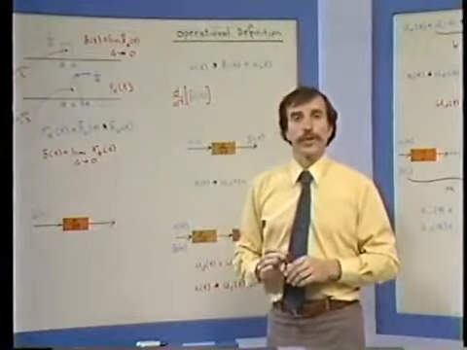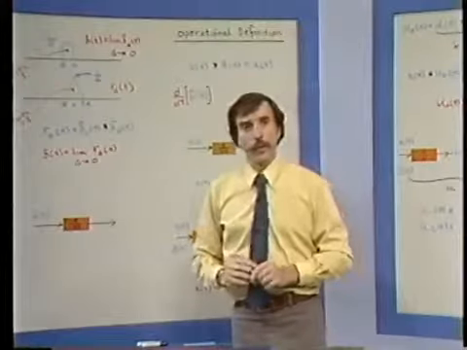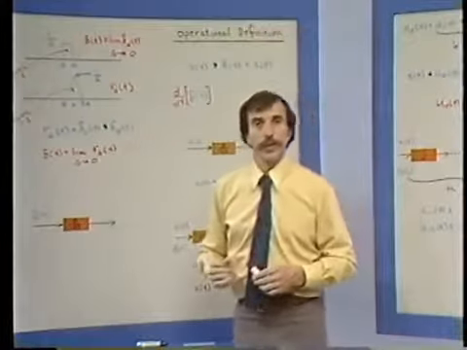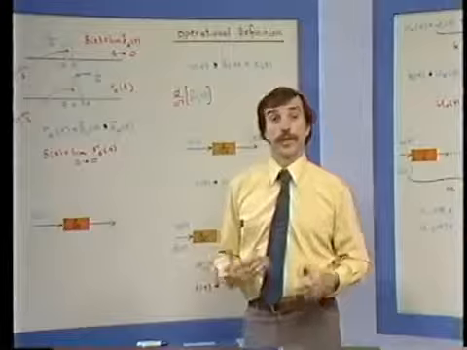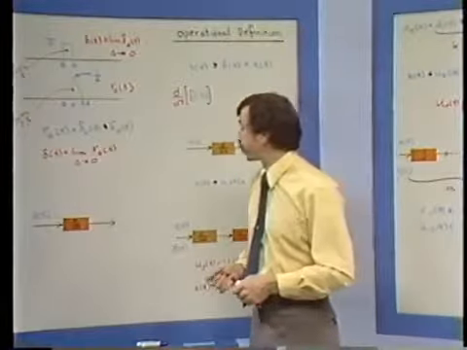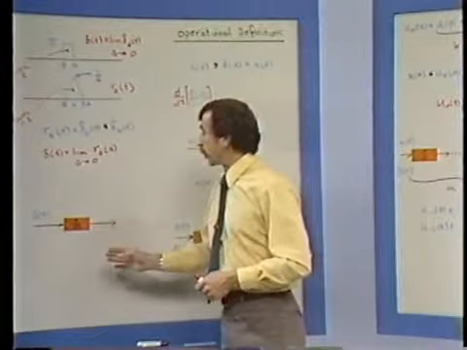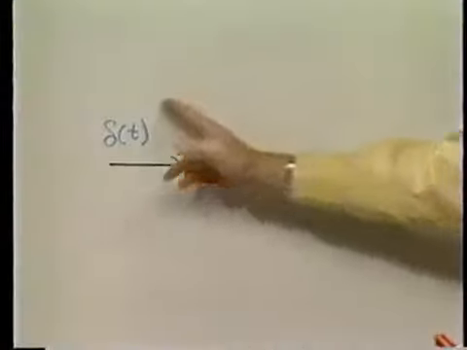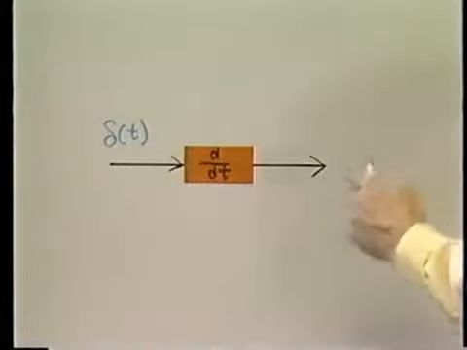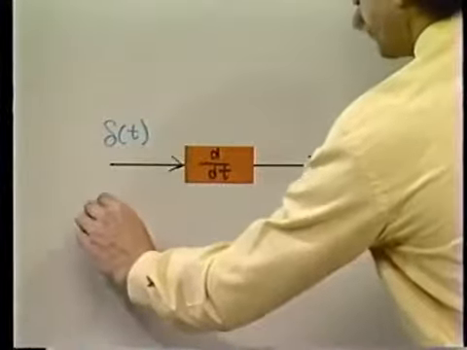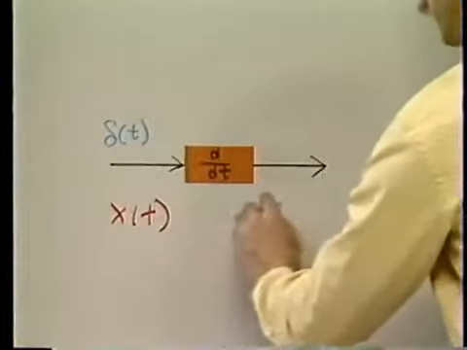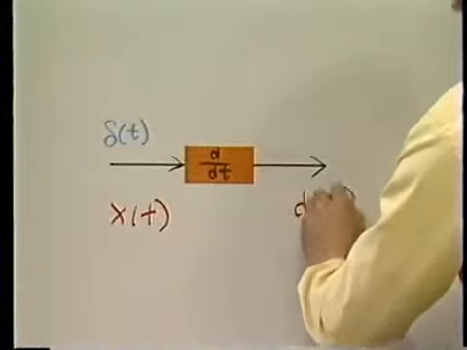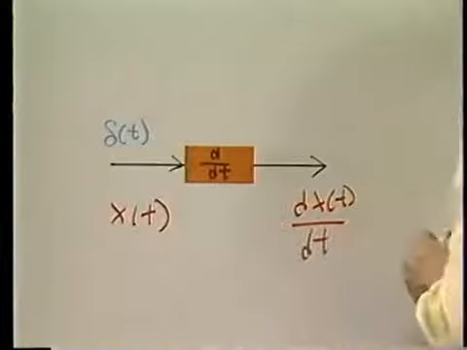Things get even worse when you think about what happens when you put an impulse into a differentiator, and a differentiator is a very commonly occurring system. In particular, suppose we had a system for which the output was the derivative of the input. So if we put in x of t, we got out dx of t dt.